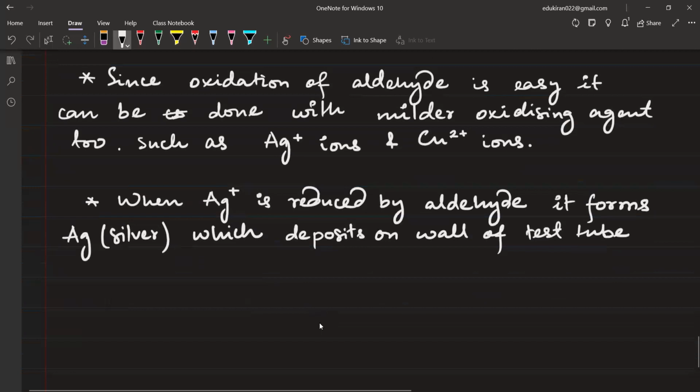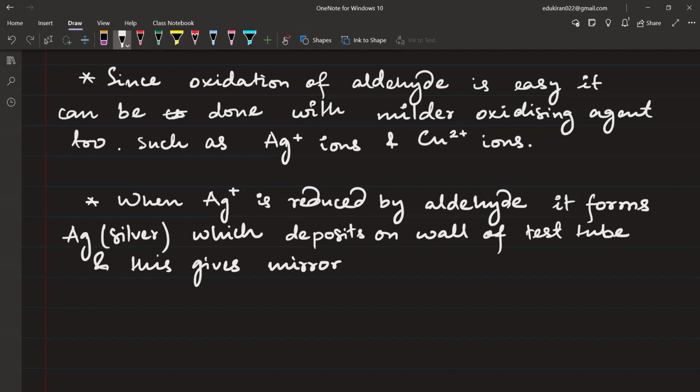Now silver is deposited on the walls of the test tube. That means there is a change happening when we add aldehyde plus Ag, which we can see, and this gives a mirror-like shining appearance.